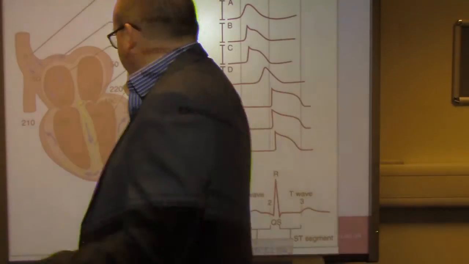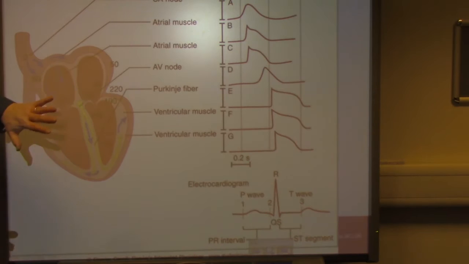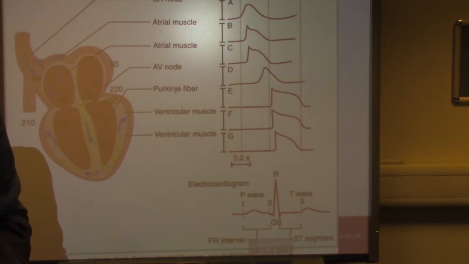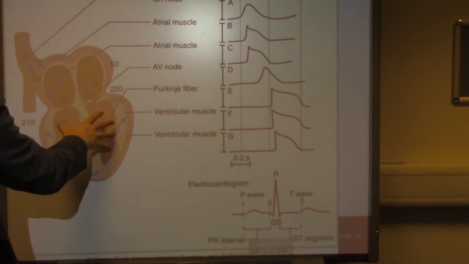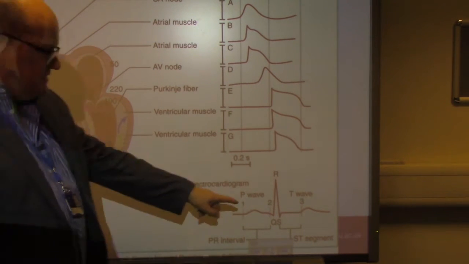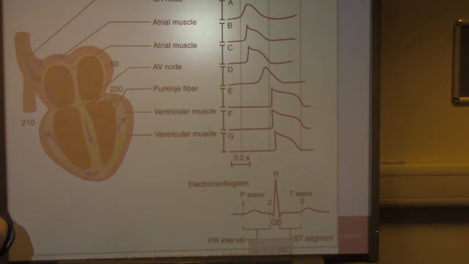That is, the chambers up here are contracting. Then we've got the QRS component, and the QRS component is when the ventricles are contracting here. And then the T wave is the repolarization of the ventricles.